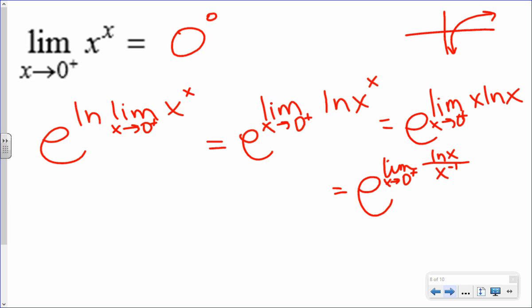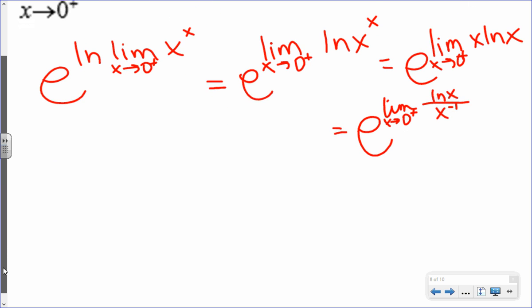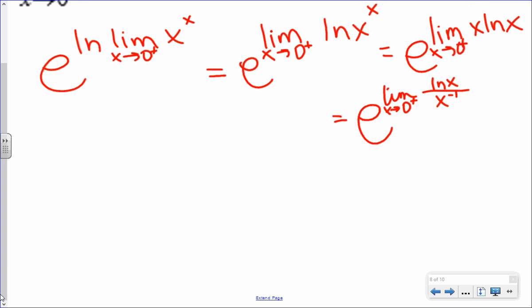So now we have infinity over infinity, or negative infinity over infinity. Okay, so negative infinity over negative infinity? I'm confused. Is that one of the rules? Infinity over infinity is okay, whether positive or negative or a mixture.